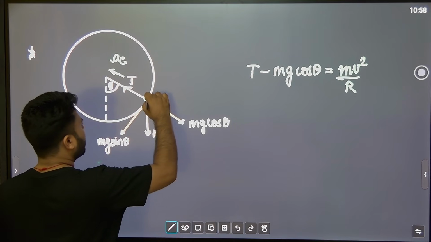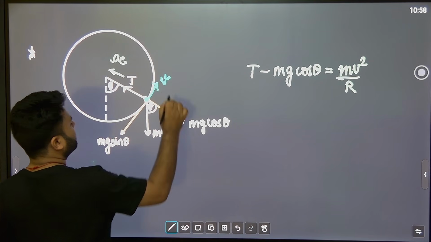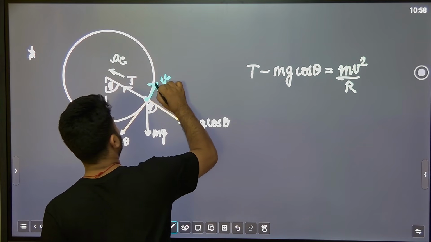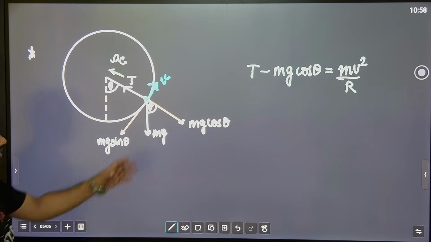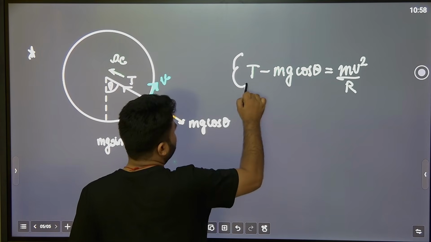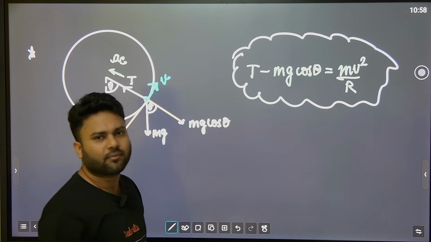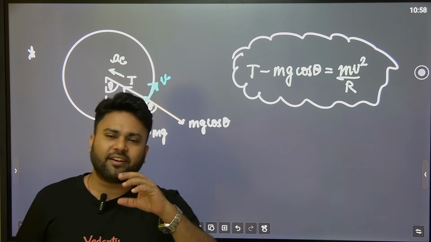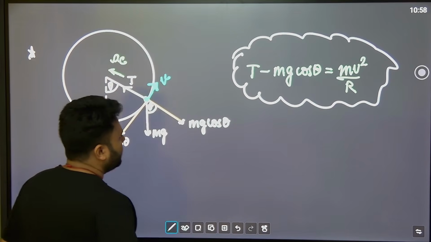So we can write T minus mg cos theta equals mv square by r. So this is the basic. These basic things we should not forget. I'm not saying that you mug up this formula. You should understand the concept, how we are writing things. Correct?